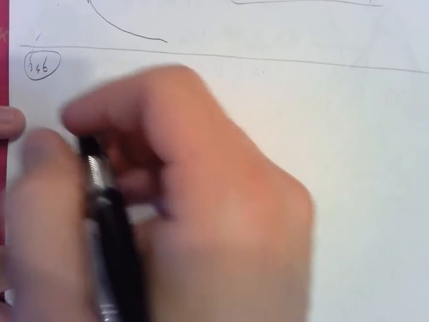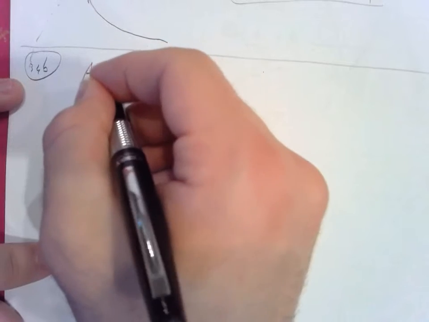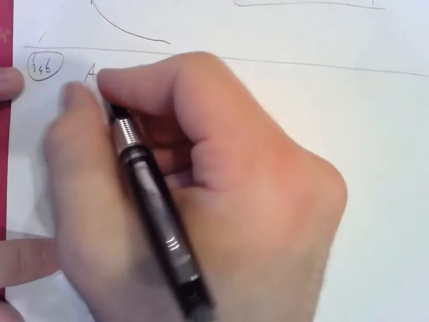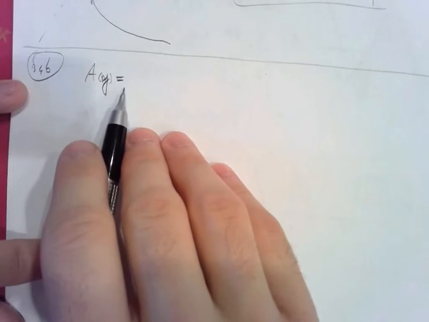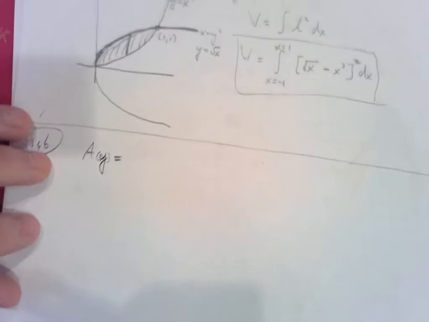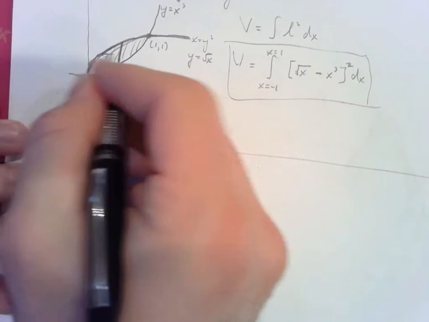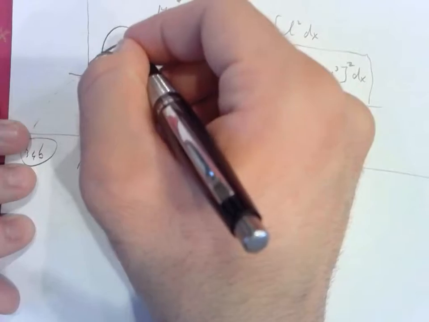Okay, so that means the area of a cross section is going to be in terms of y, since they are perpendicular to the y-axis, and that's going to be given by, okay, if I have something that's perpendicular to the y-axis, now I have to compute this, and the diameter would be a semicircle like that.